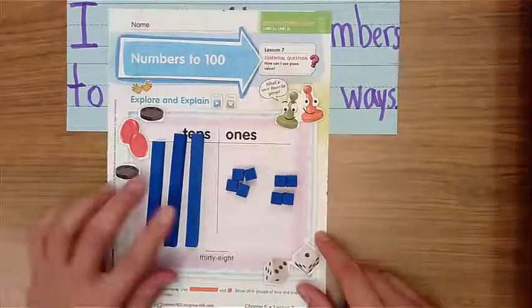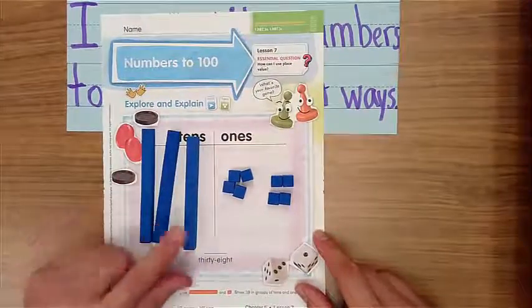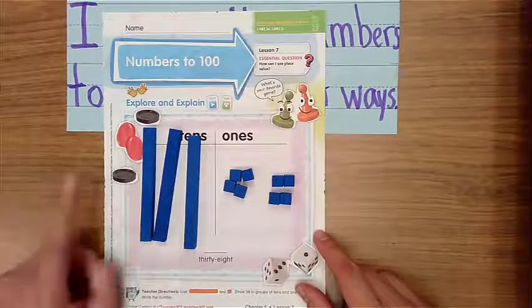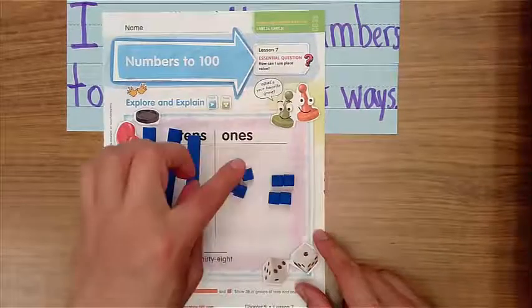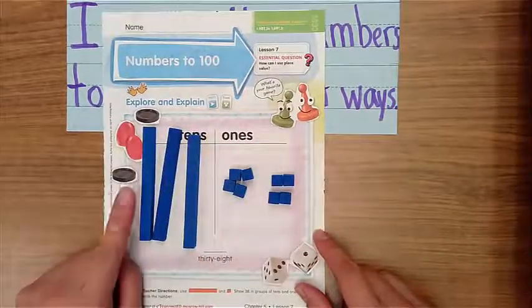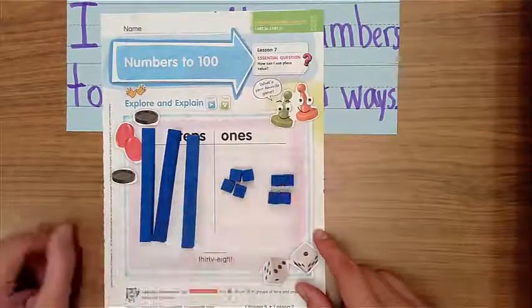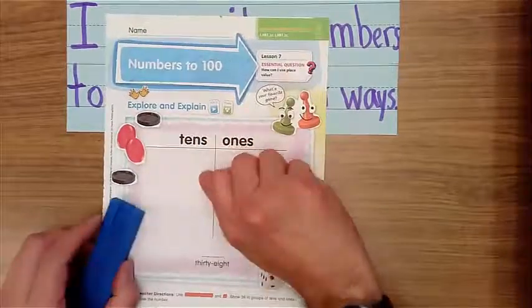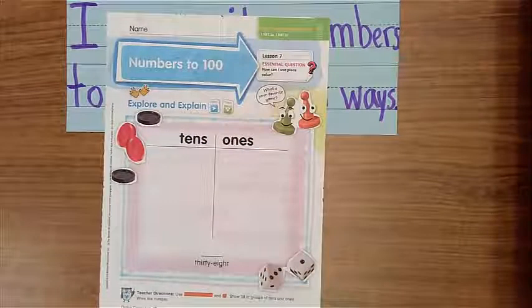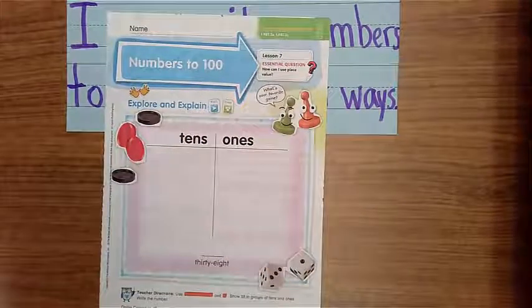So now I can say that 38 can be written by either having 38 ones like we did before, or we could say it's 3 10 sticks and 8 ones. And I could even draw that.